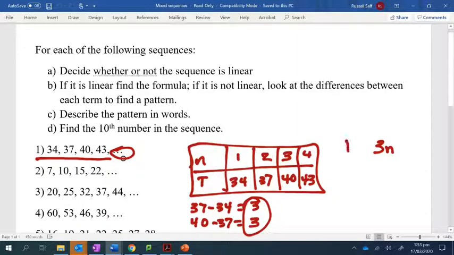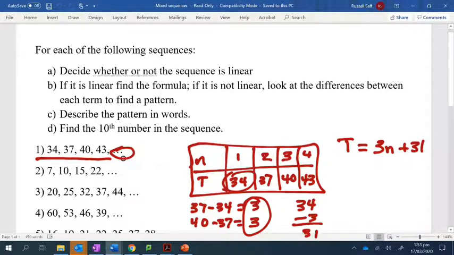So t equals 3n. Then we take the first number and either add or subtract our common difference. You do the opposite, so that gives us positive 31. So that one happened to be linear.